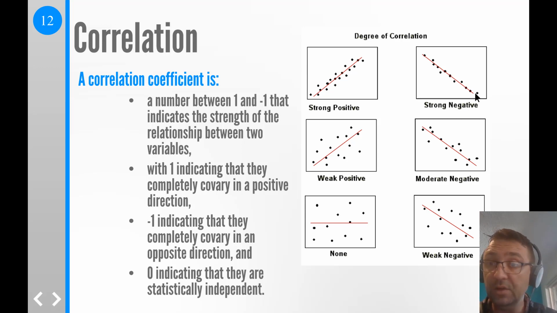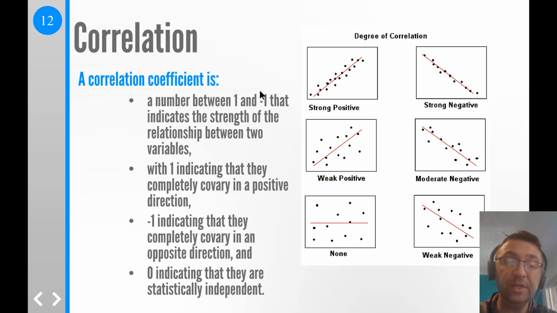This is a negative correlation. We can also have weak and moderate relationships, where the points are much less clustered together, and no relationship looks something like this. It's just a random set of points with no relationship between x and y.